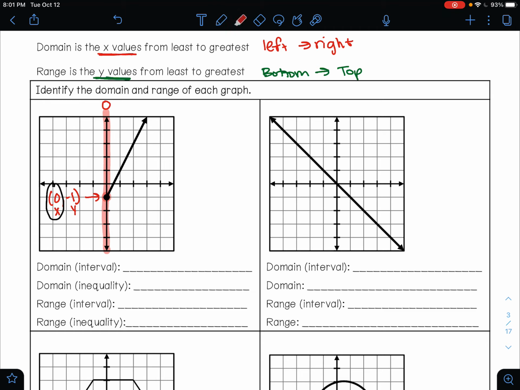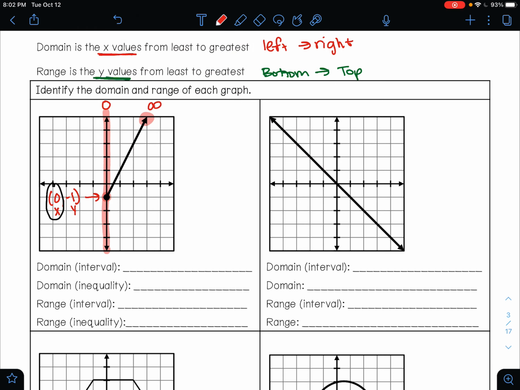And then I want to find my furthest point to the right. Well, my furthest point to my right is an arrow. An arrow means that I am going to the right forever. So I'm going to keep going this way forever, and it's never going to stop. Well, if it's going this way forever, where is it going? It's going to infinity.